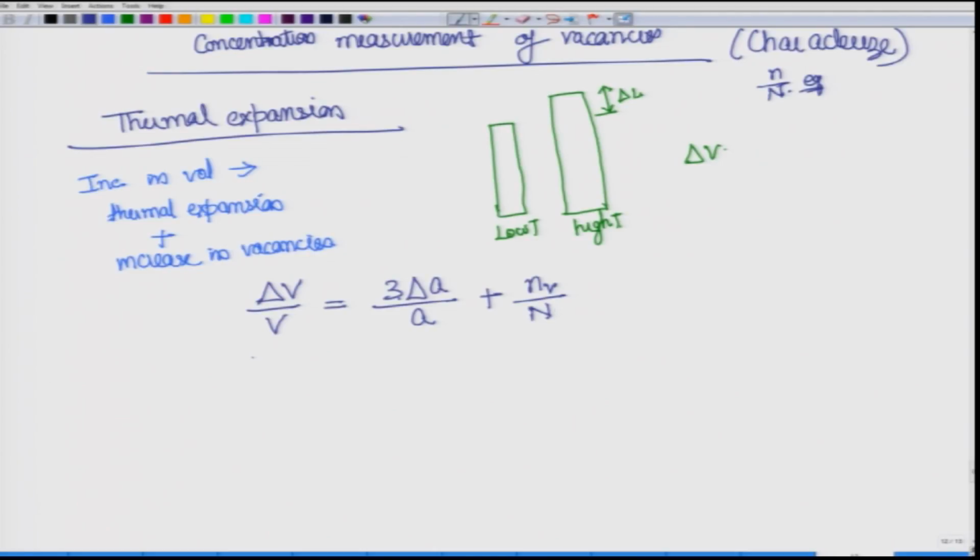Now, this delta V by V can be written as 3 delta L by L equal to 3 delta A by A plus n V by n.